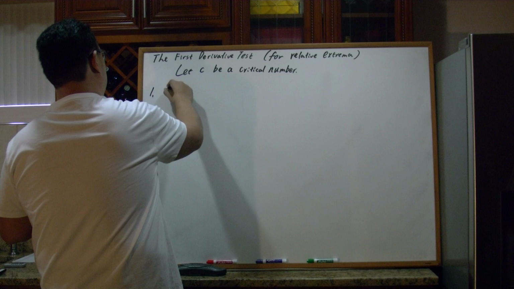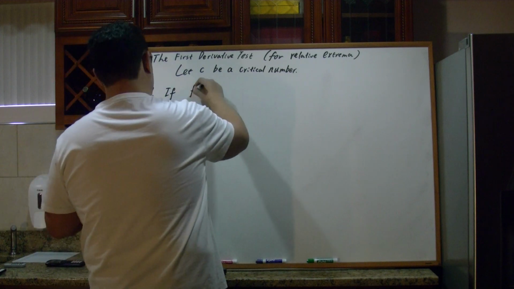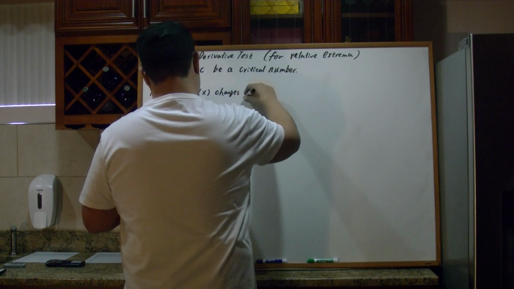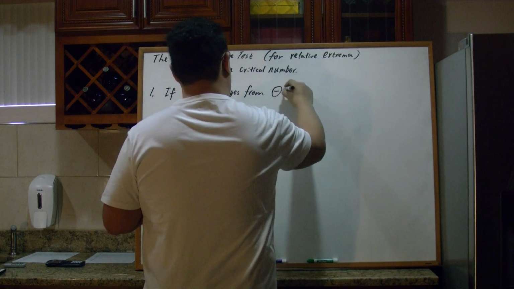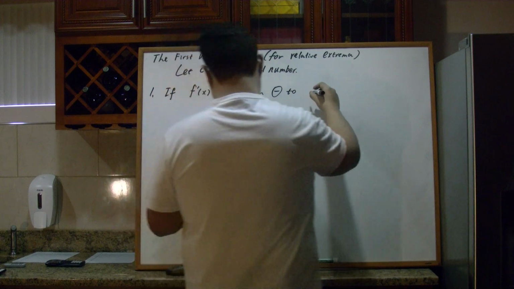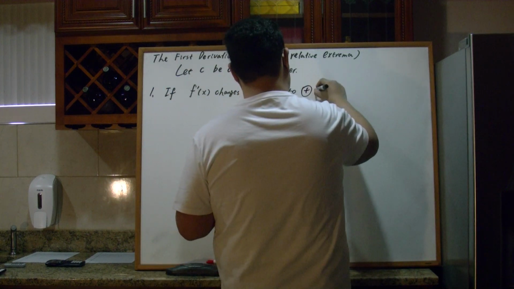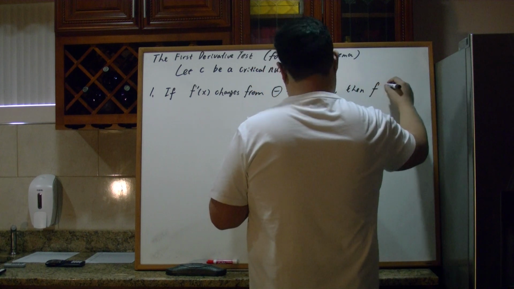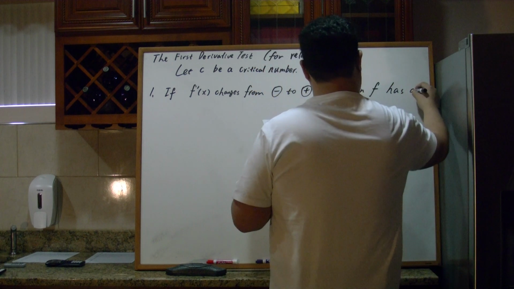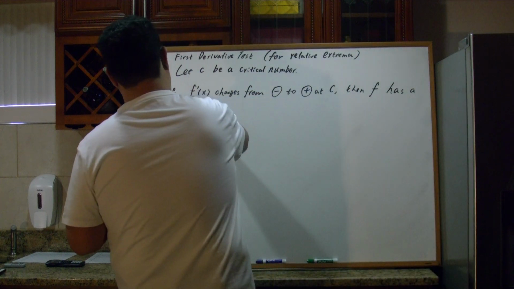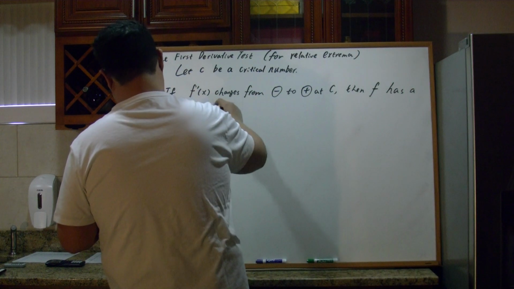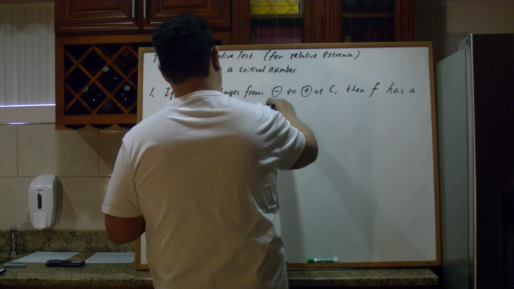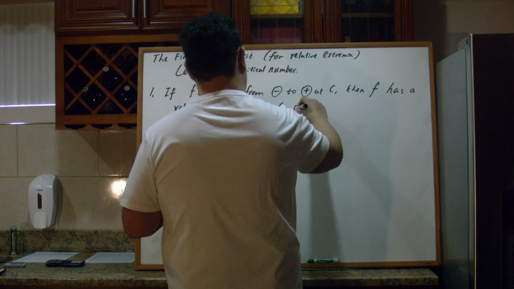Right, the first thing is if f prime of x changes from negative to positive, then f has a relative minimum at the point c, f of c.